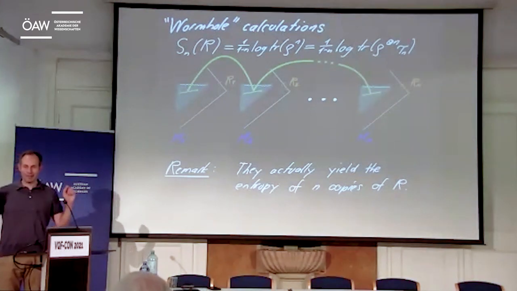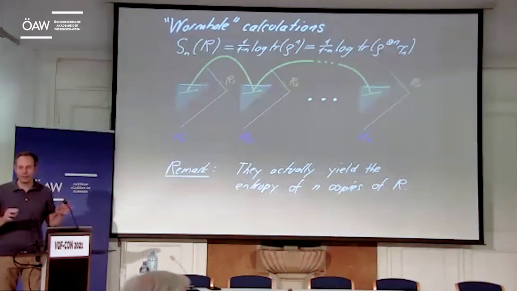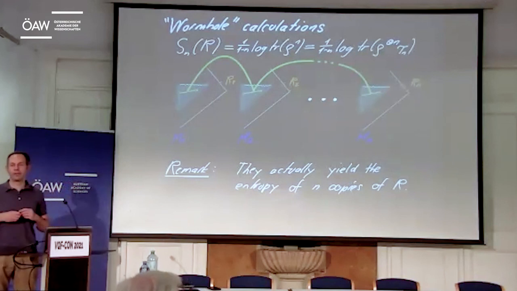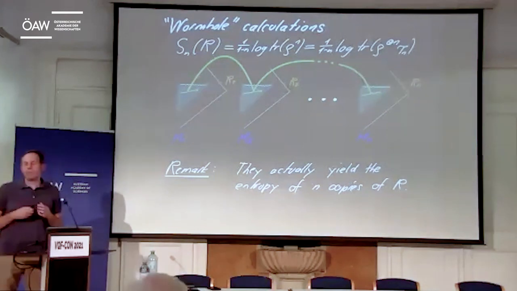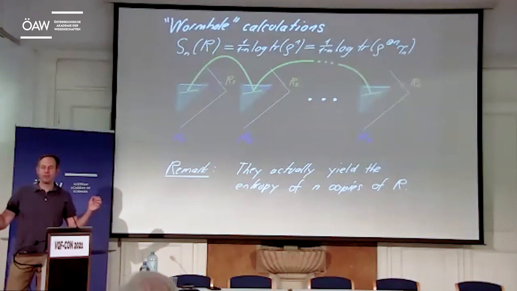So I'm explicitly making a constraint: we are now talking about the theories we have currently and all these calculations that are made within current theories.